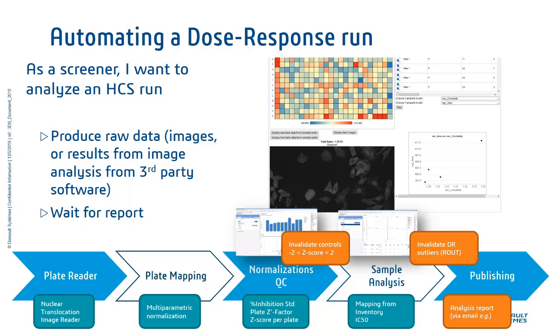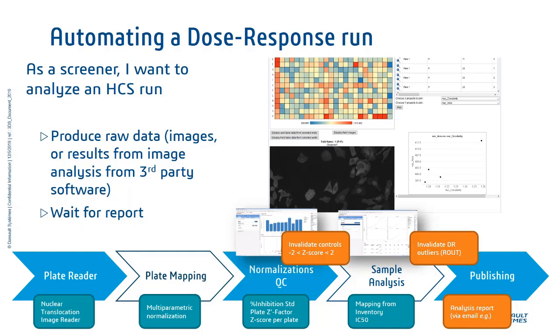If your Z-score is lower than -2 or higher than 2, well, the well is invalidated and all the normalizations are recalculated, and all of this automatically. So Autopilot needed this functionality, this automated control quality, in order to be possible.